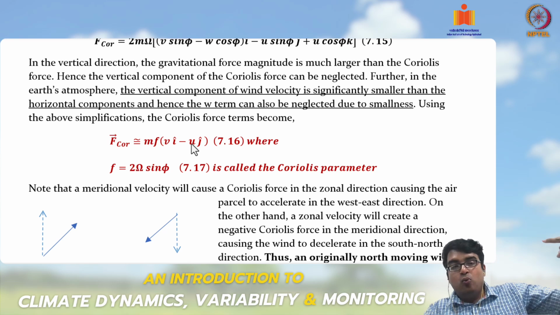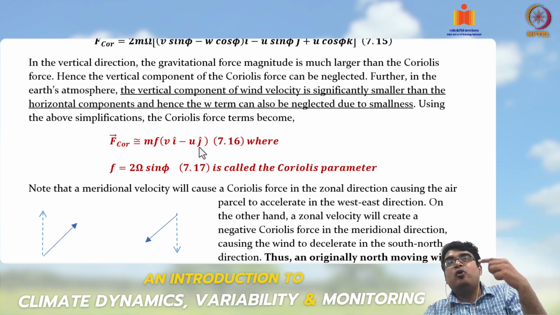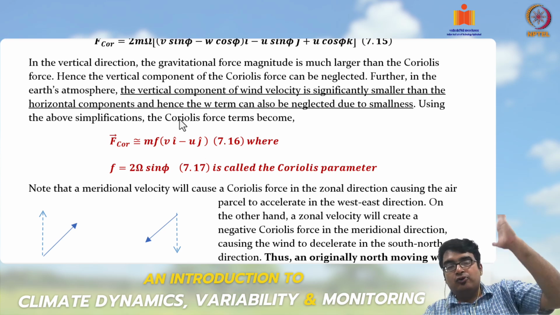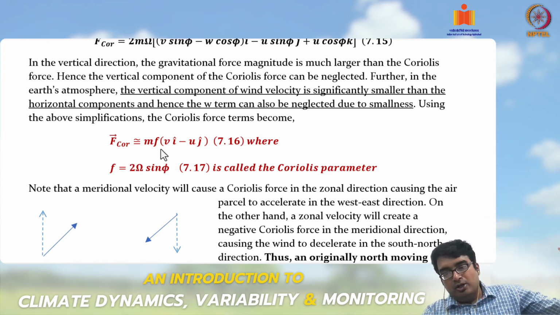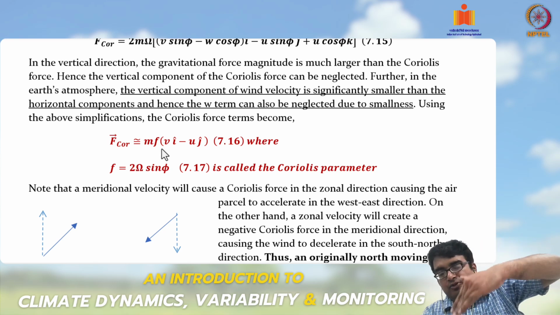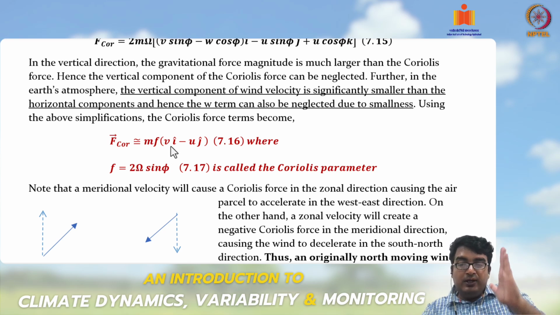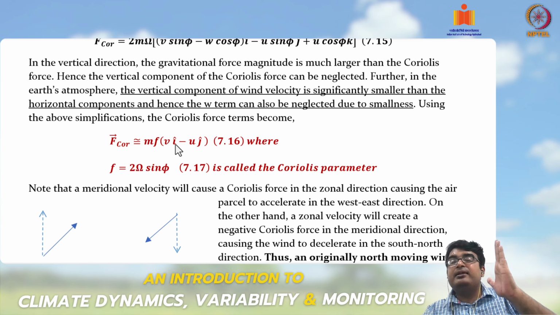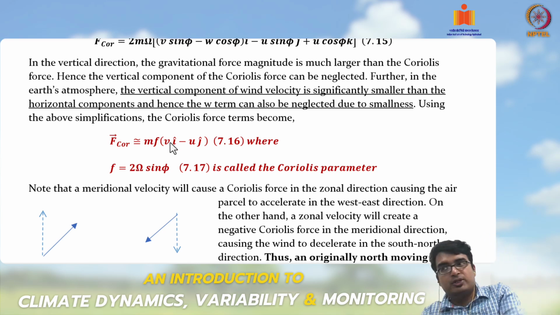So, there is a west to east velocity. You have a negative Coriolis force in the south to north direction. So, the wind will be going towards the south. So, any wind like this will be drifting southwards. Okay. Whereas, if you have a positive v velocity like this, the Coriolis force will be positive in the zonal direction. So, any wind like this will be drifting eastwards.